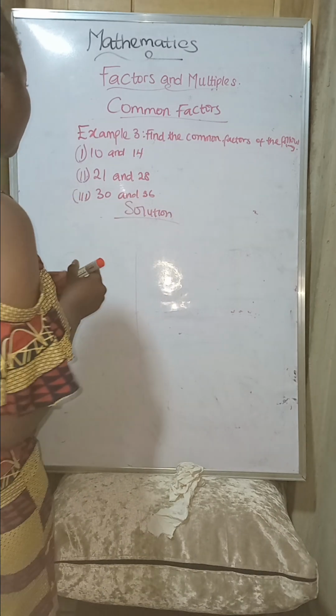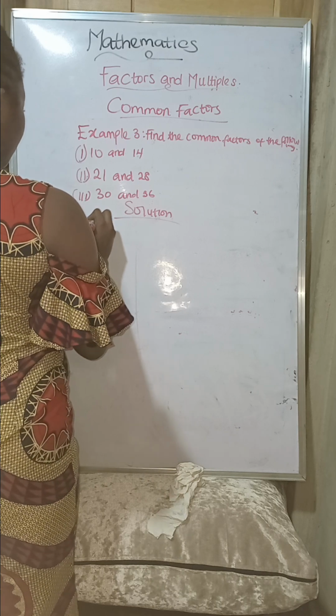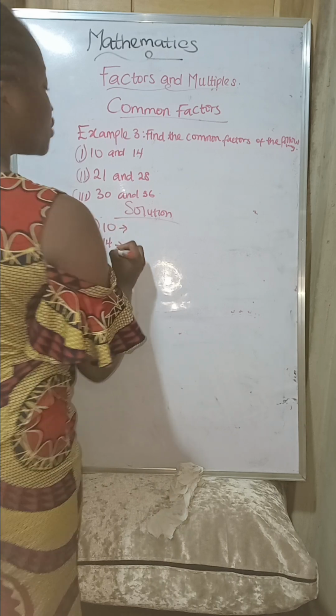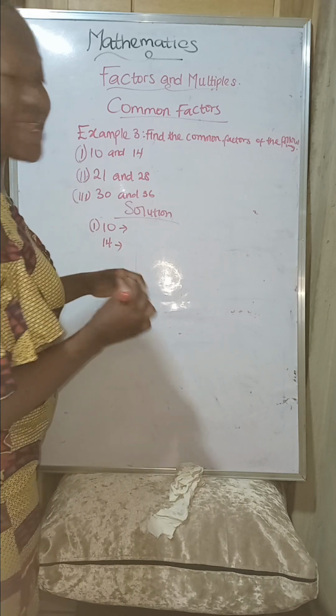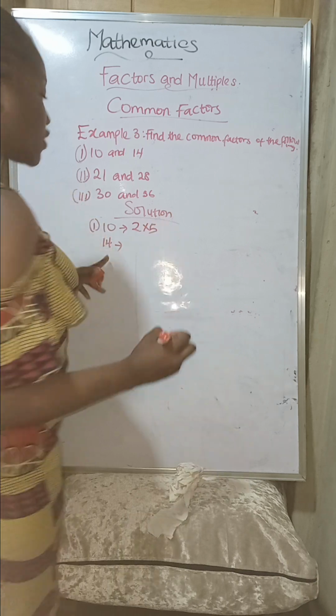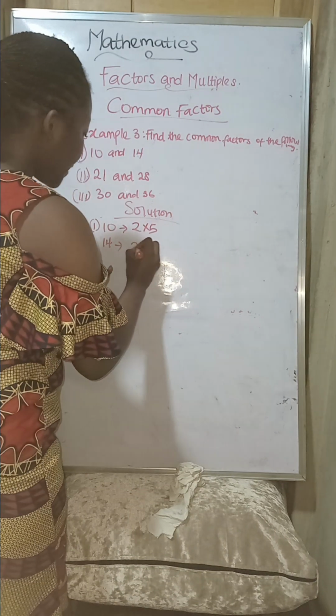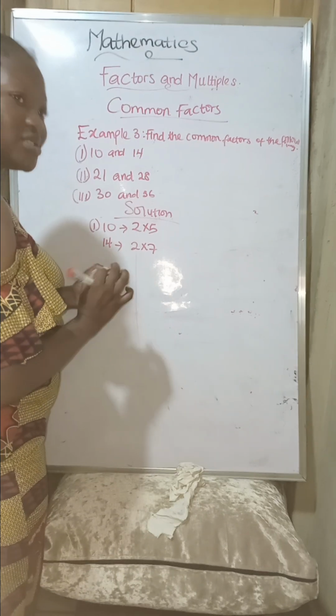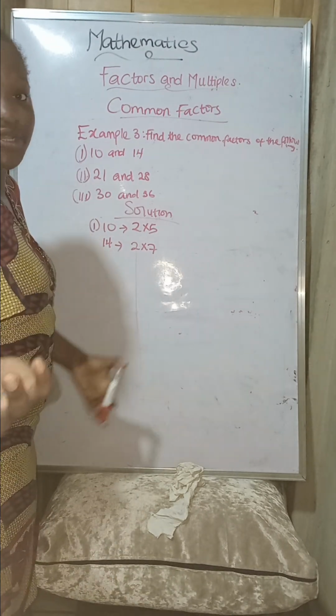The first thing is 10 and 14. You should find the common factors. 10 is 2 times 5. 14 is 2 times 7. I know everybody here will know the multiplication times table.